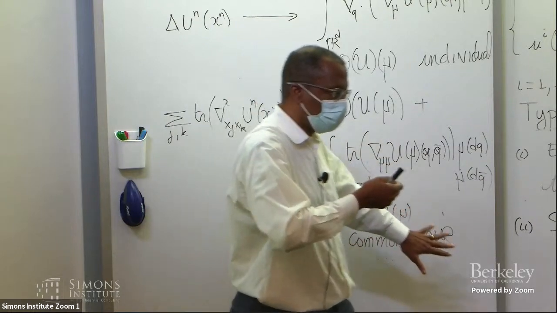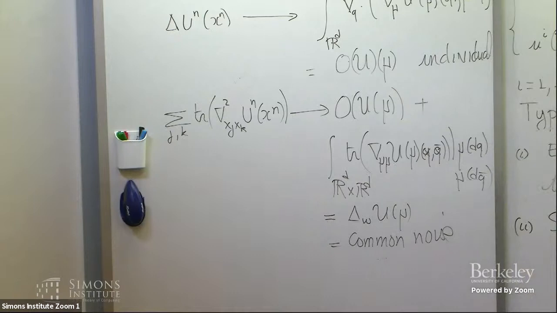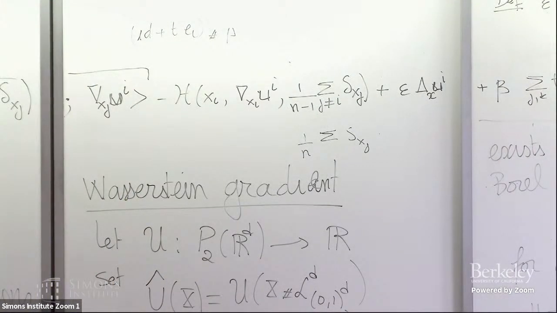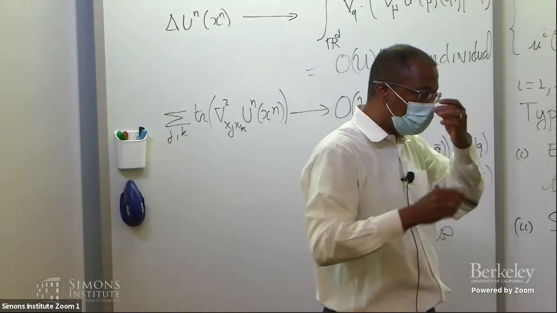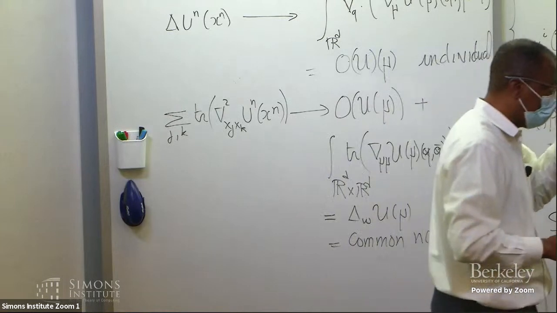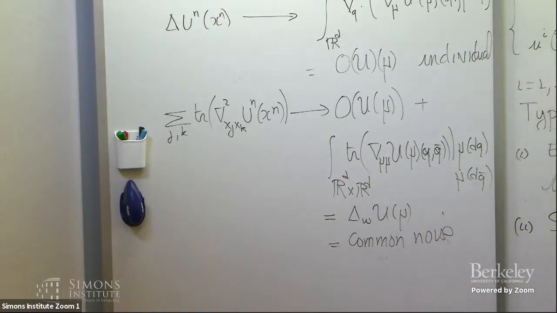You can also do the same thing: you take your function, you interpolate, you write identity plus t e_i, push forward mu. You use this interpolation, you differentiate twice, you get this object. And so it is a partial Laplacian, which turned out to be helpful in other work, which I am not going to talk about.